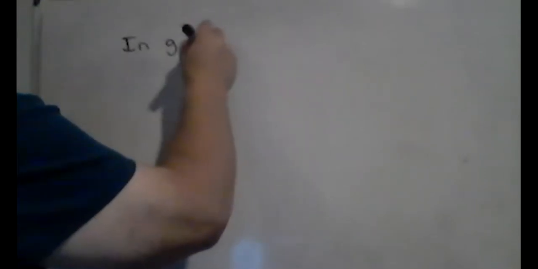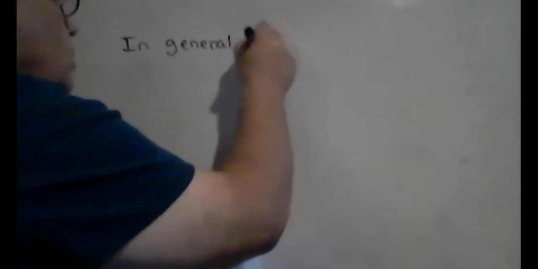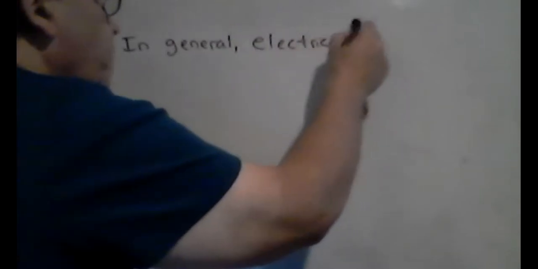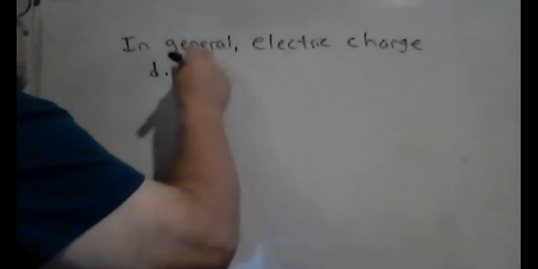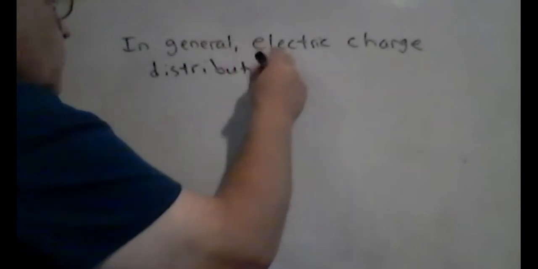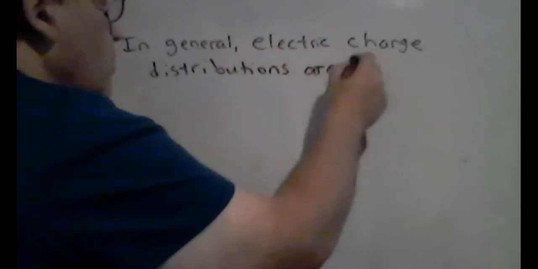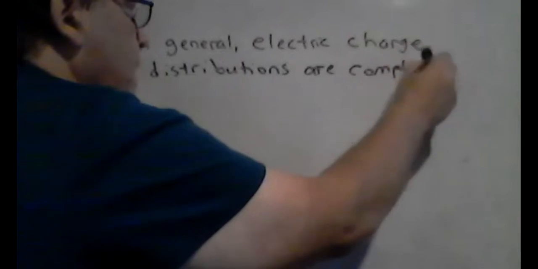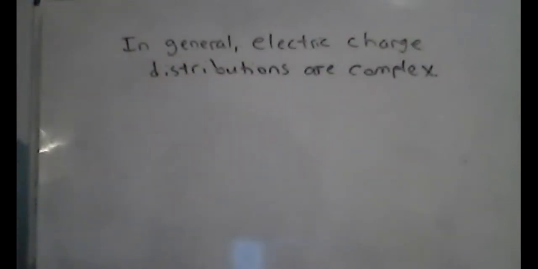So in general, electric charge distributions are complex. And there's a nice way in physics where you add up what are called contributions. You have some charges you can consider being by themselves, other charges that are maybe more like paired, what we call a dipole.